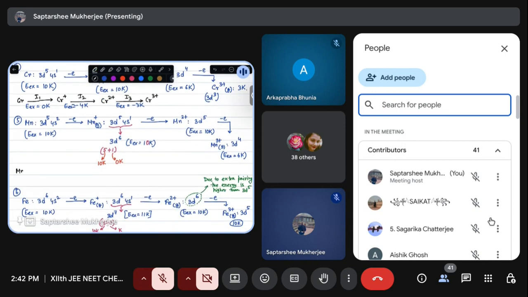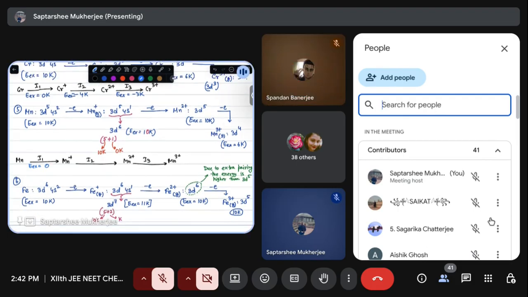Similarly, manganese to manganese plus to manganese plus 2 to manganese plus 3. First ionization energy, second ionization energy, third ionization energy. So the gain in exchange energy the first time, how much is it? 0.